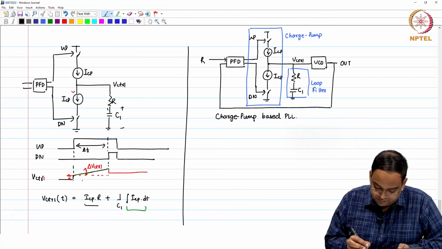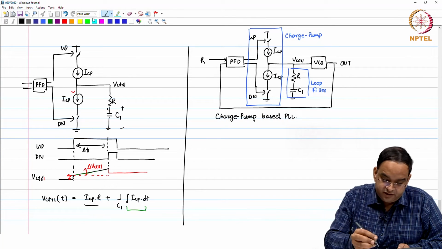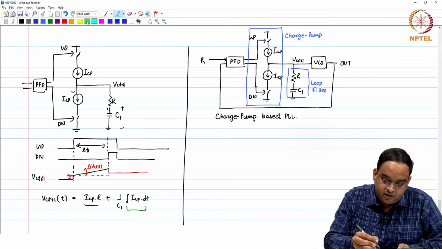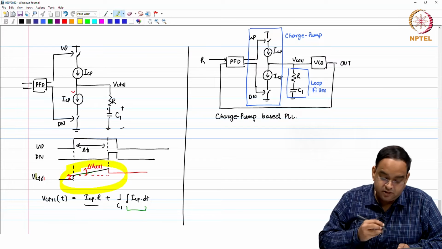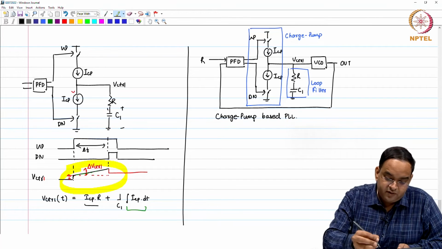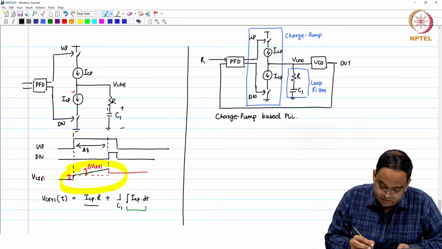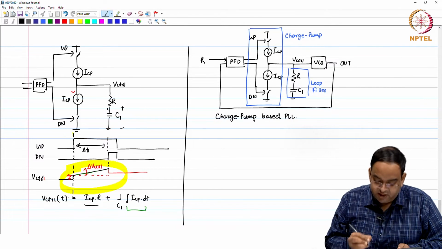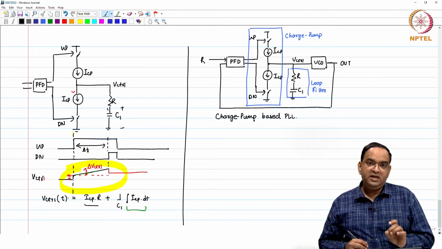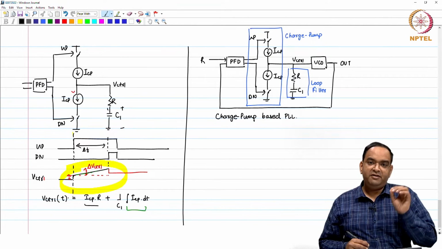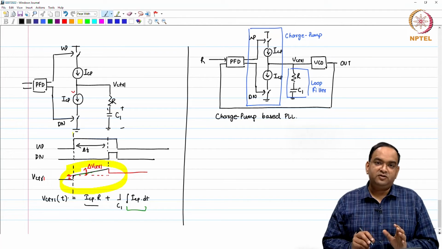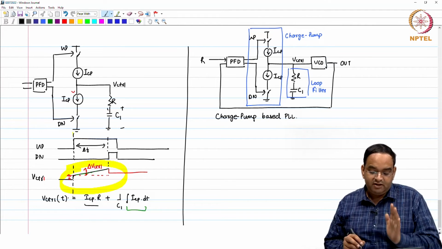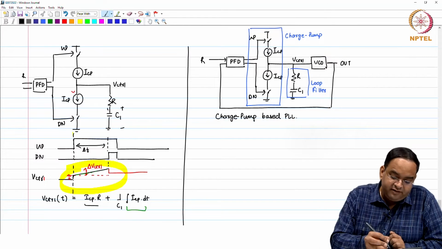Now, you focus on this part, right. If the previous instant happens to be... one thing which you are seeing is PFT is detecting the phase error every reference clock period, right. It is not detecting in between the reference clock periods, it happens only whenever you get the rising edge on the reference.